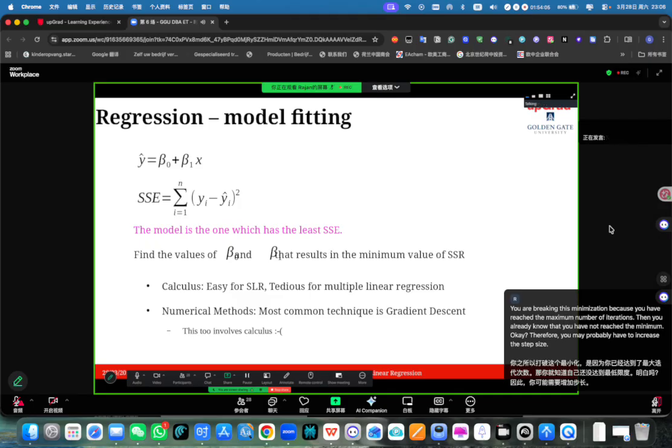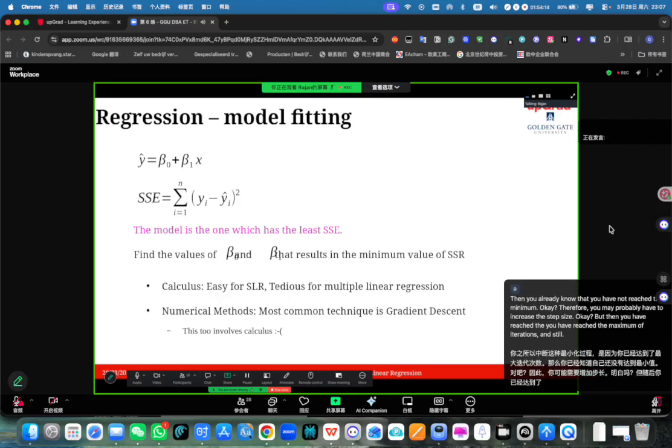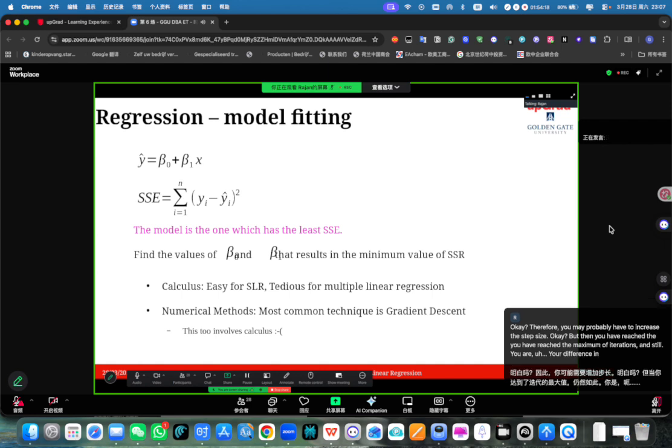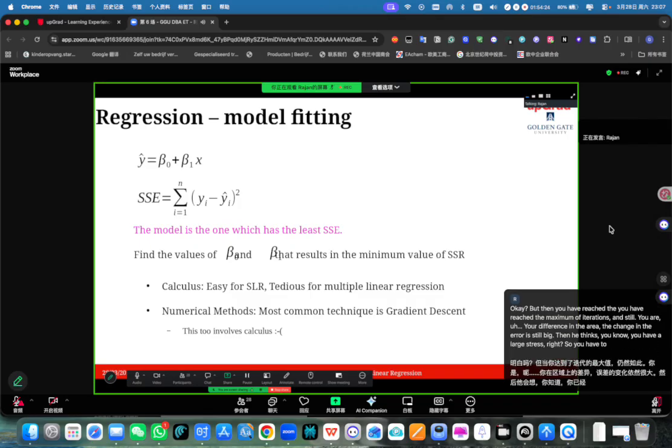But if you have reached the maximum number of iterations, and the change in the error is still big, then it means you have a large step size, so you have to reduce the step size. So you play with these ideas and try to come up with a good method to reach this.